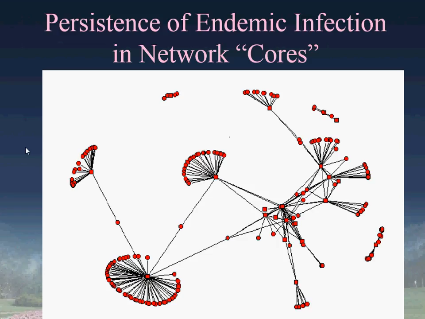Or taking advantage of the fact that often there are core groups that have suffered disproportionate burden of certain health conditions, and maybe, for certain types of pathogens, preserving it at an endemic level within the network, an infection that otherwise wouldn't be able to survive.